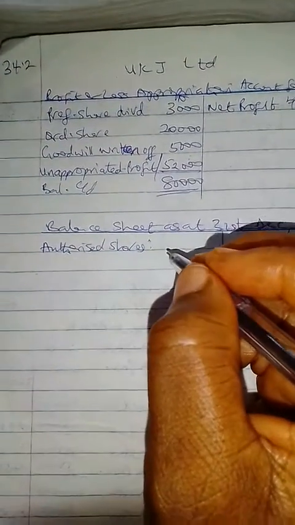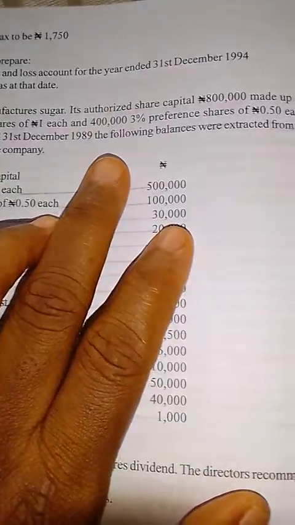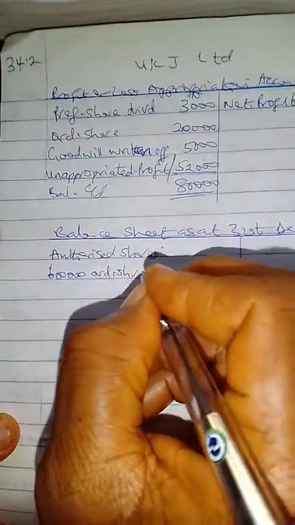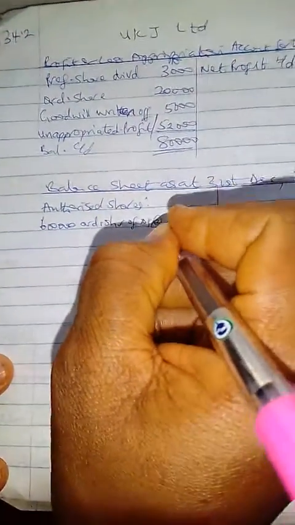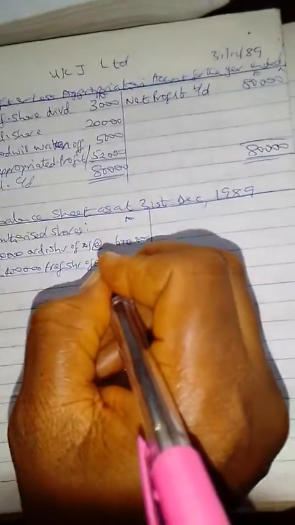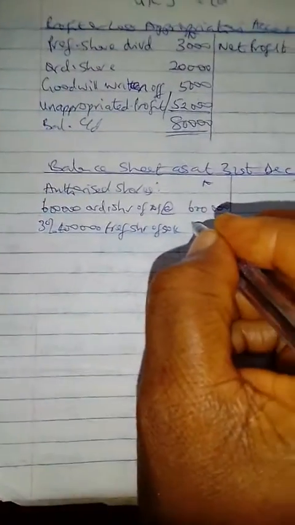From the question, they have an authorized share capital of 800,000 naira, made up of 600,000 ordinary shares of 1 naira each, and 400,000 3% preference shares of 50 kobo each, which gives 200,000.